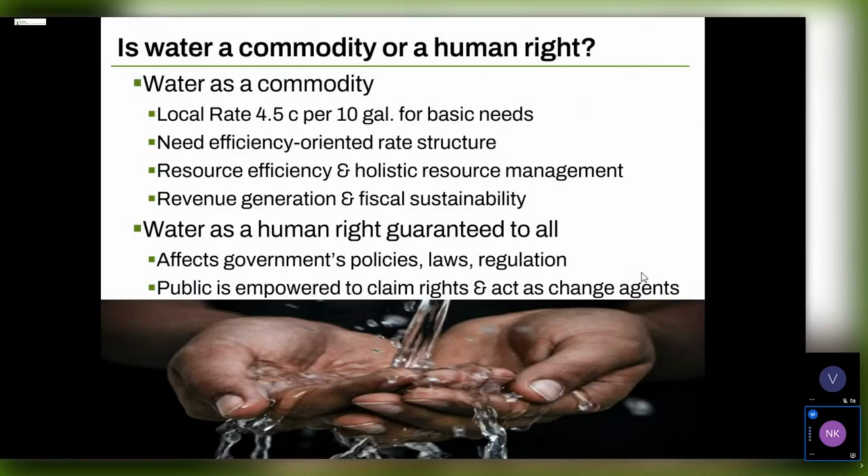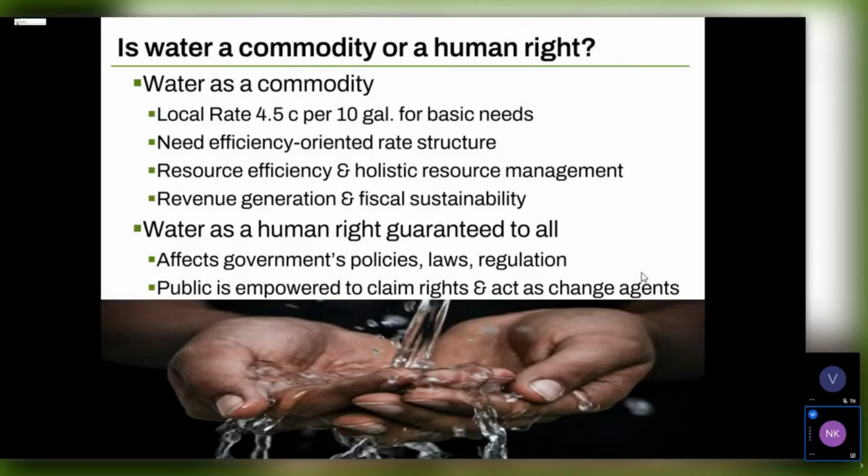Further, since they are a business after all, the revenue they generate has to be sufficient to sustain the utility company in the long term. In other words, the water company has social responsibilities to the individual, to the population. They have environmental responsibilities, and they have fiscal responsibilities.